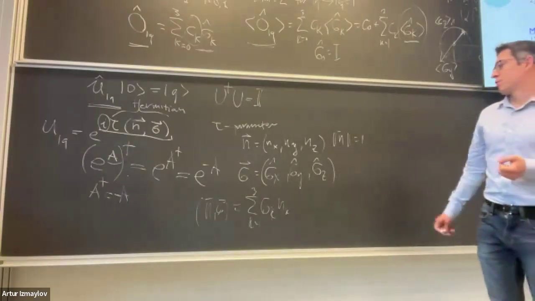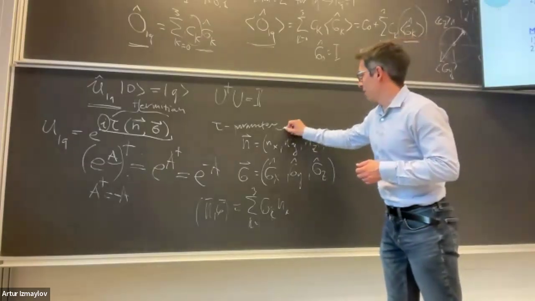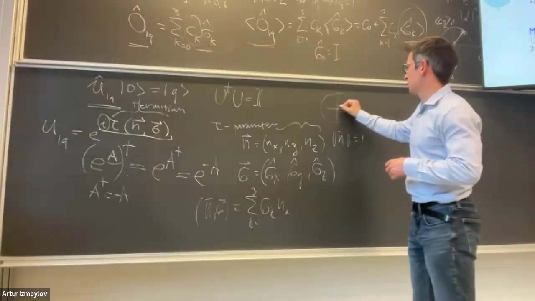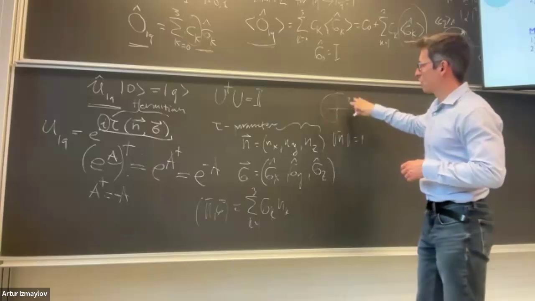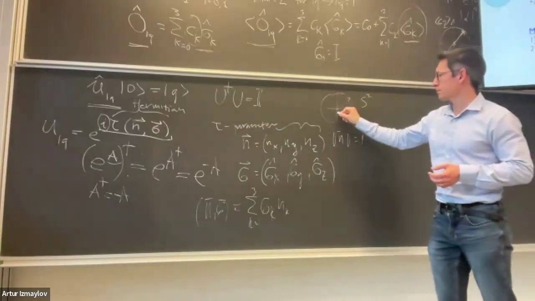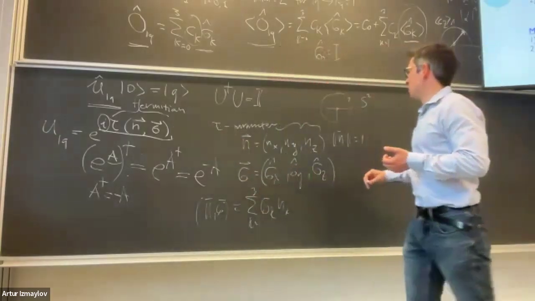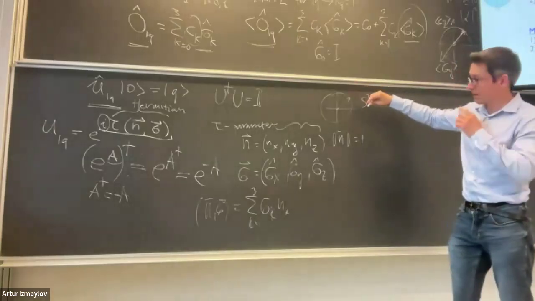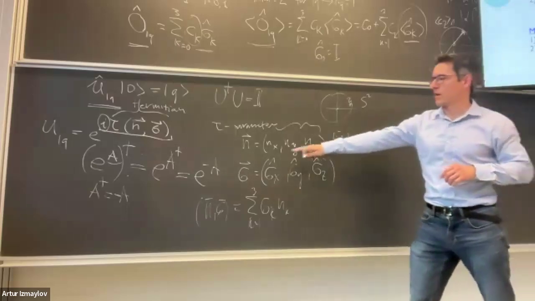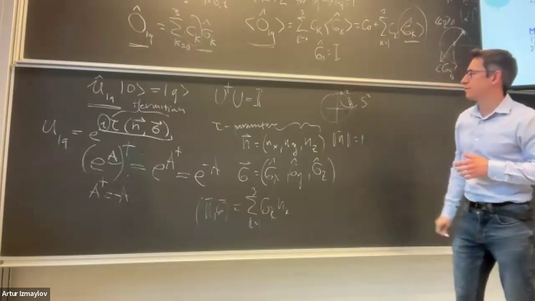And since we have normalization, this vector effectively is a vector on the unit sphere in 3D space. What's happening here with this unitary transformation is that we effectively rotate the state around a chosen axis, right? n defines this chosen axis, and we rotate by angle tau, okay?